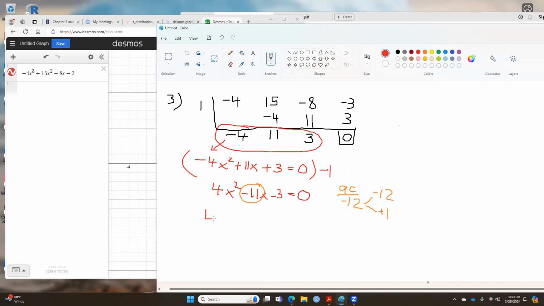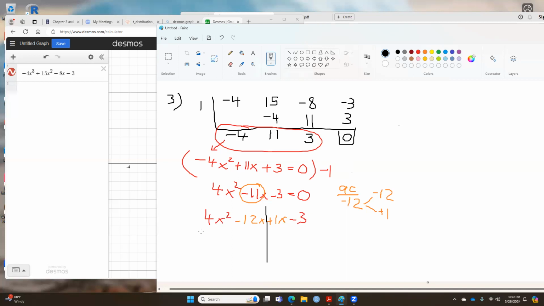So you're going to do grouping here. You will split these 3 terms to become 4 terms. So 4x squared is the same thing, and negative 11x becomes negative 12x plus 1x. Again, we did this in the first few weeks of class, when I taught you factoring. And you're going to do grouping. So we're going to cut this right in half, 4 terms.